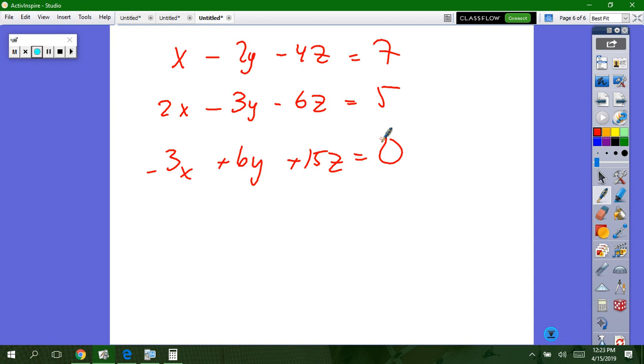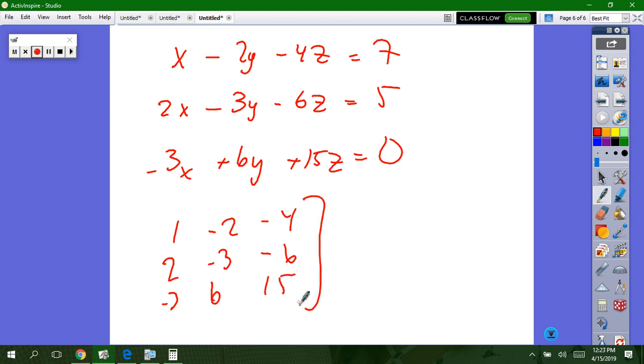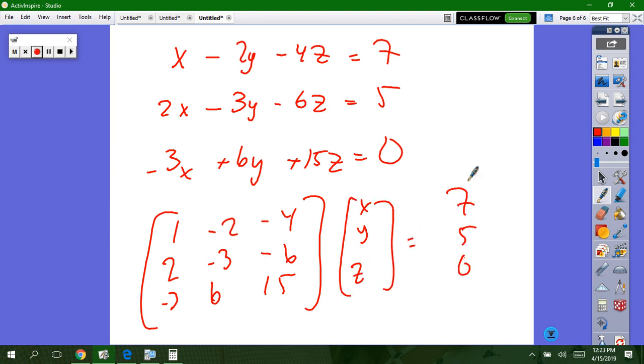So I set up a matrix equation where this is 1, -2, -4, 2, -3, -6, -3, 6, 16, times X, Y, Z, equals 7, 5, 0.